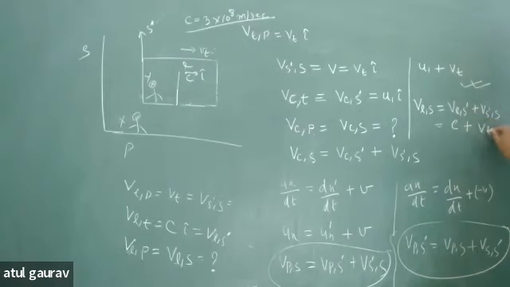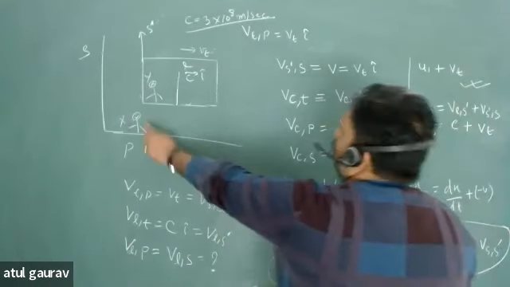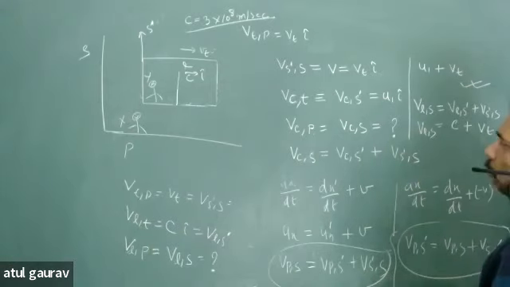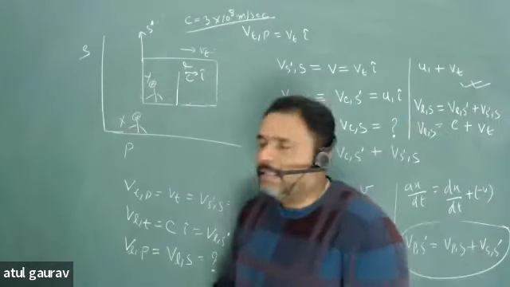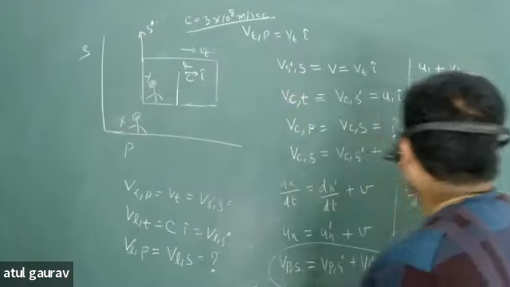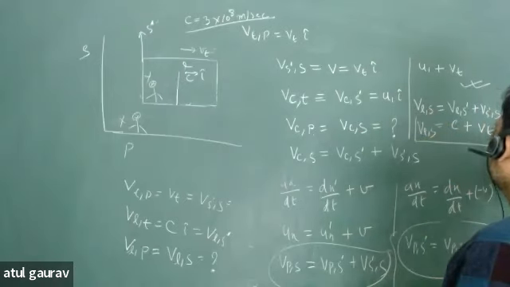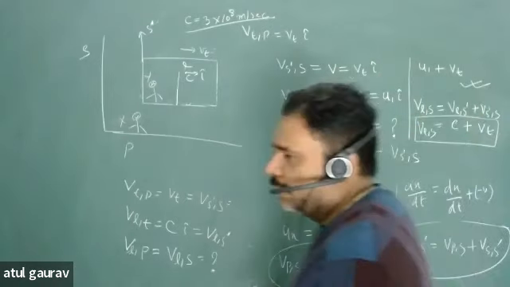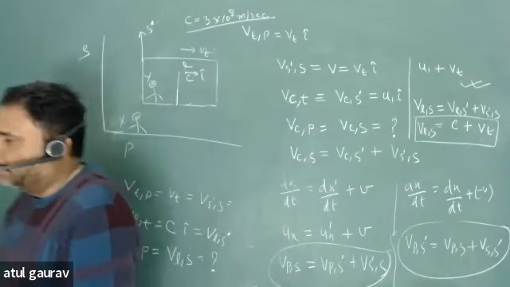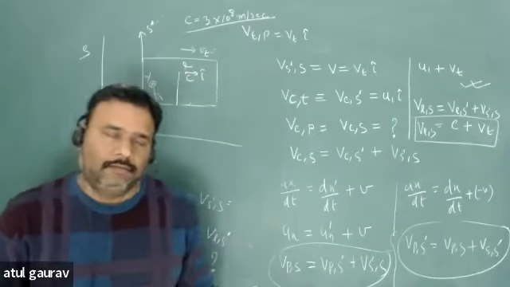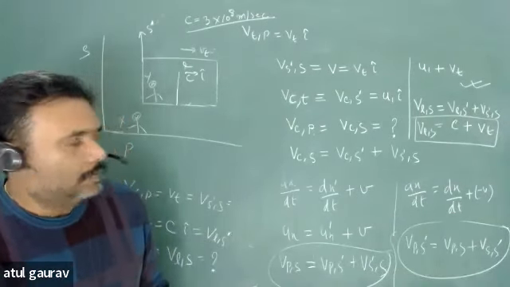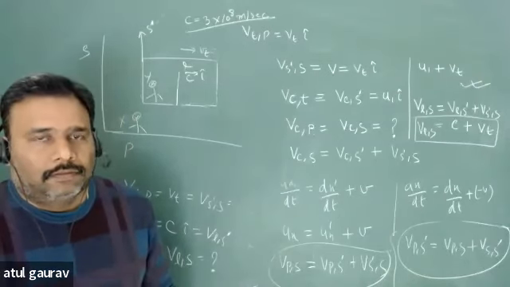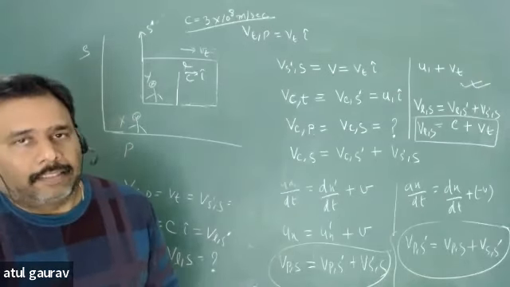Vt. So if this person X will use the Galilean transformation for the light, what will he get? He will get the speed of light more than C, isn't it? This is not correct.